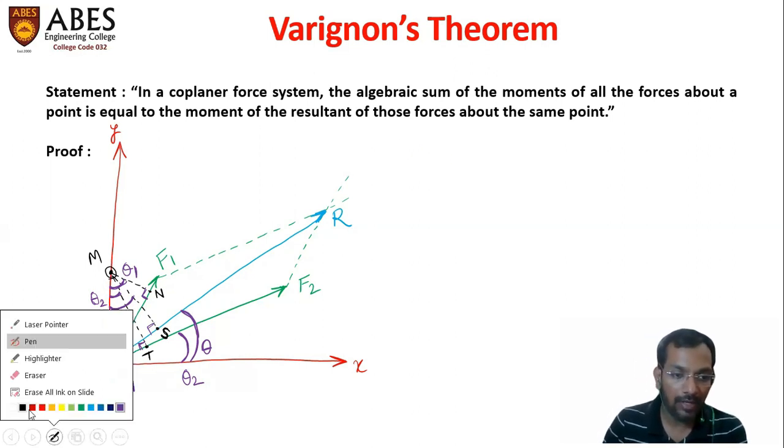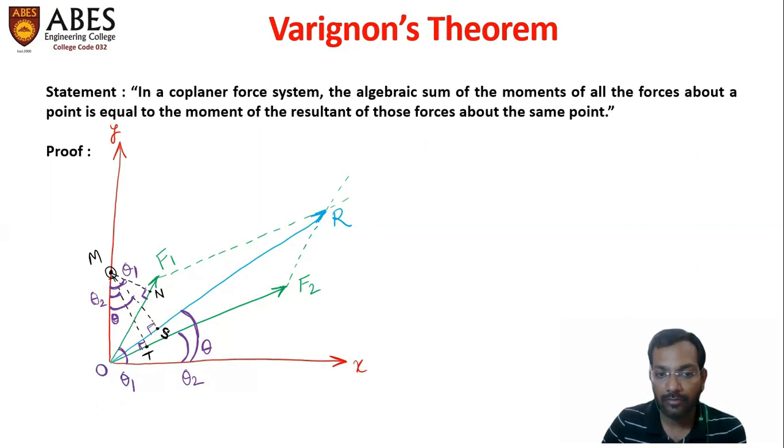First of all, we will calculate the moment of the first force, F1. We will write it as M1. M1 is equal to F1 multiplied by, suppose this length is D1.